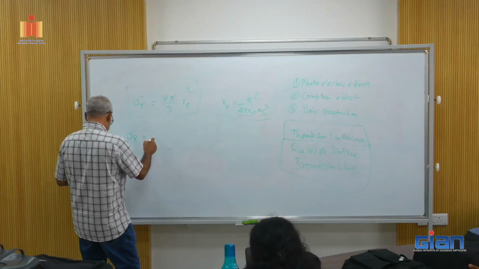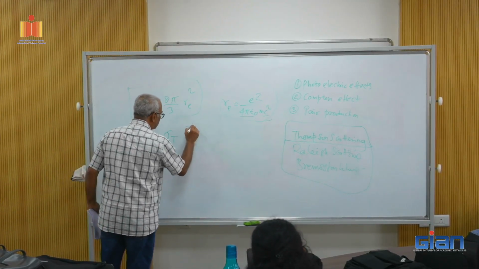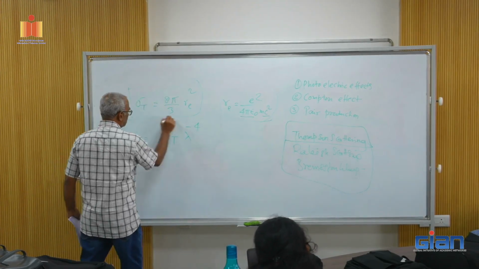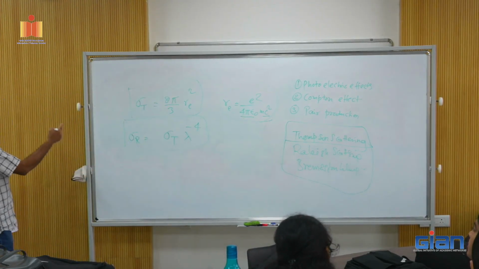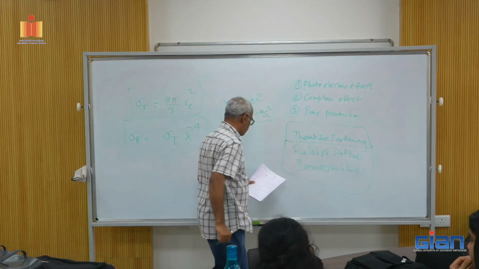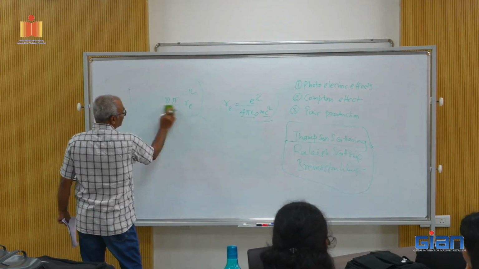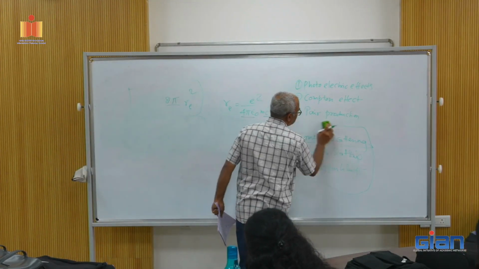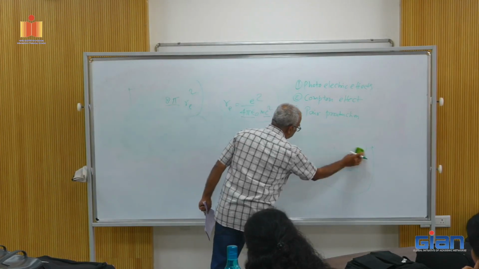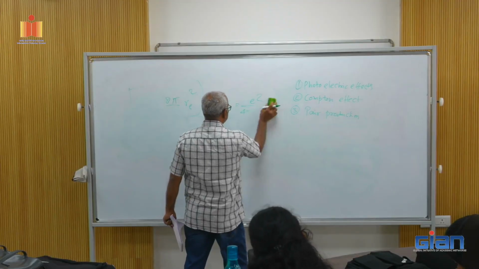So sigma R is simply equal to sigma T times lambda to the power minus 4. So the blue sky is explained by Rayleigh scattering. Okay, so I will not discuss more because they are not that significant in comparison to these three processes. So we'll focus on the photoelectric effect first and then proceed further.